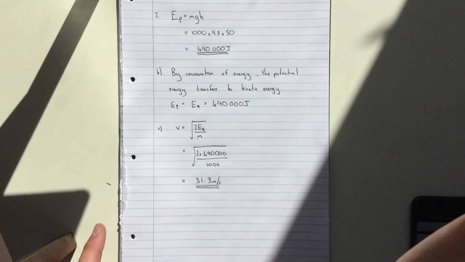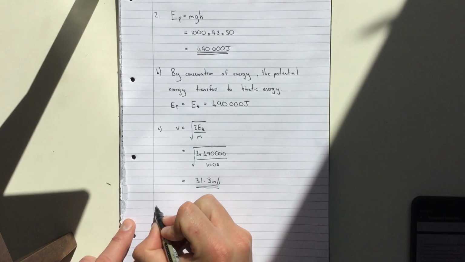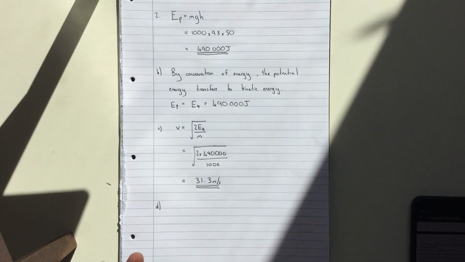Okay, so hopefully that makes a little bit of sense at the moment. Now, the last question, a wee addition compared to last time. It says, why would the answers to B and C be different in real life? Well, think about it. Not all of the energy is going to go into the moving of the car. There might be some heat energy with the tires and the road.